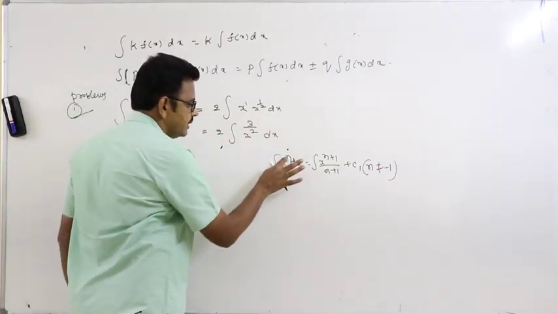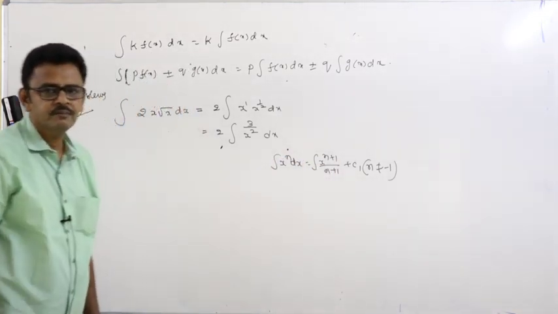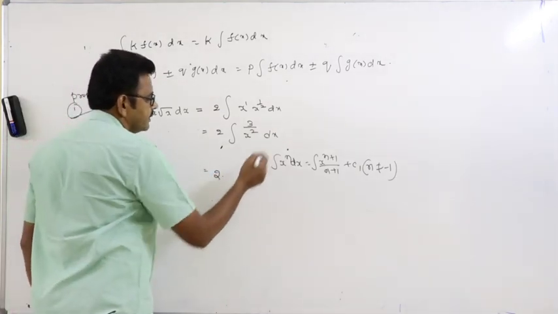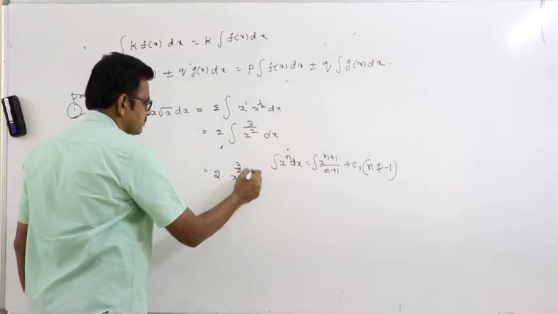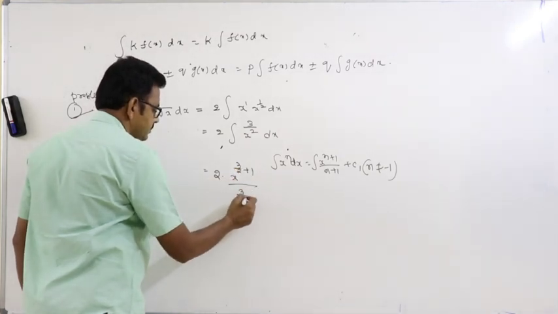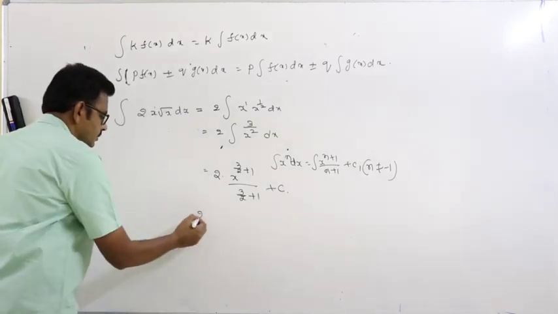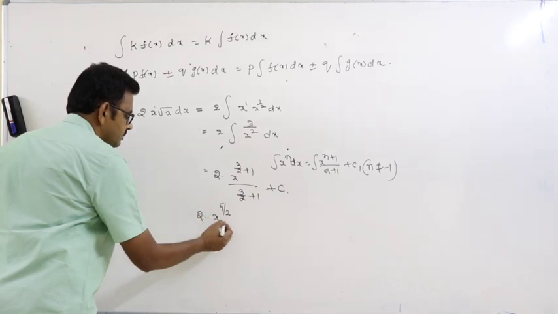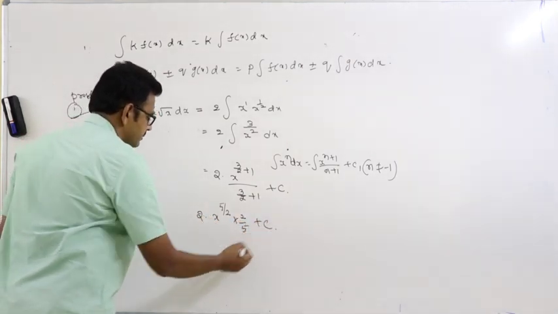If n is equal to minus 1, what will happen? Minus 1 plus 1 is 0, that's not possible. So that is 2 times x power 3 by 2 plus 1 by 3 by 2 plus 1 plus c. So x power 5 by 2 into 2 by 5 plus c.